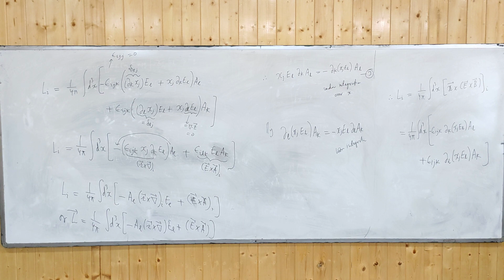So it is something intrinsic to the field. It only depends on E and A, rather E and B, since A you can represent in terms of B. You got my point? So it is intrinsically related to the field, independent of the origin. We call this origin independent term the spin angular momentum of the field. So this spin angular momentum contribution comes from the second term.